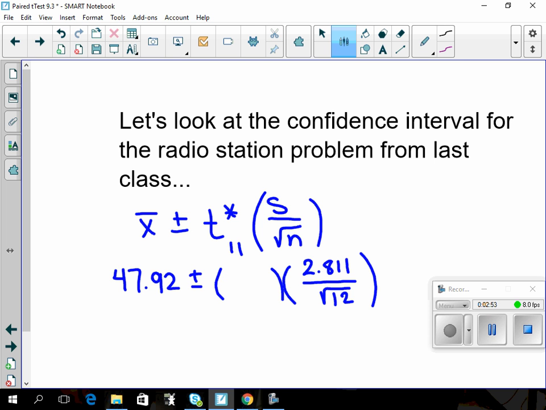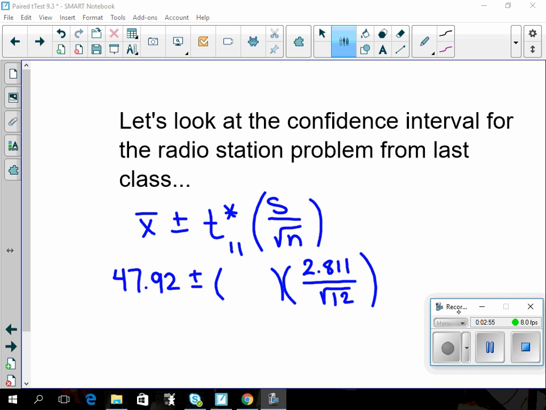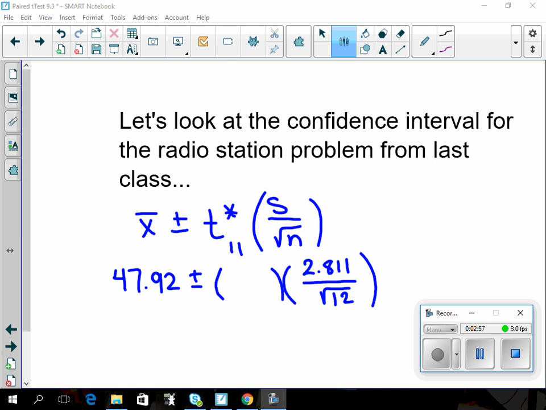Now, how do I find the t? Chris or Justin said inverse t. We're going to have to do the inverse to find our critical t-value, right? In the problem, it says a 90% confidence interval, and we have to use that information, our confidence level, to find our critical value.